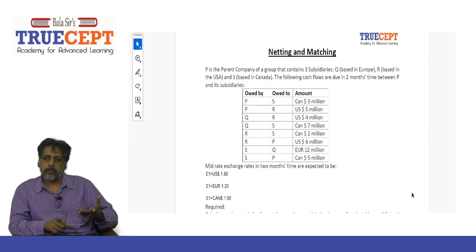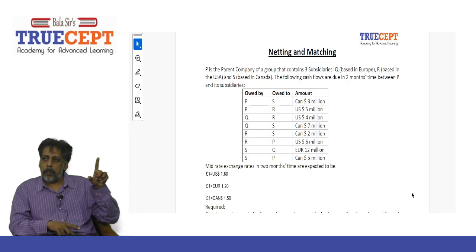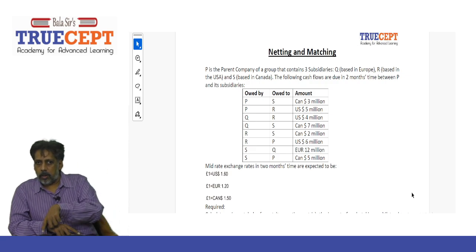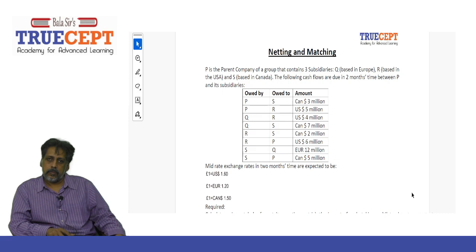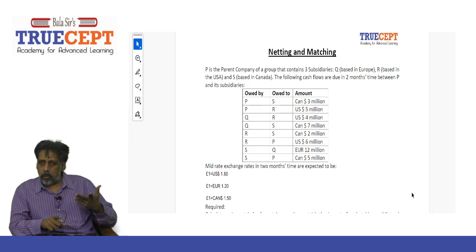Then Q to R, US dollar 4 million. It is Q, payable, and R, receivable, 4 million US dollars. Then Q to S, 7 million Canadian dollars. It is Q, payable, S, receivable.